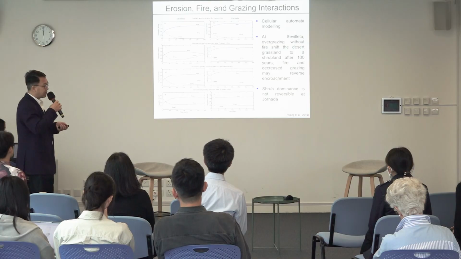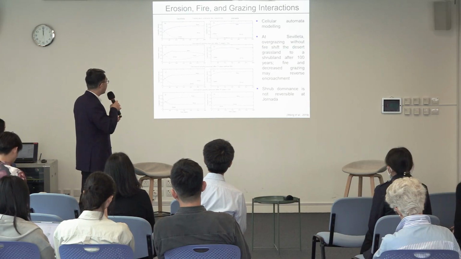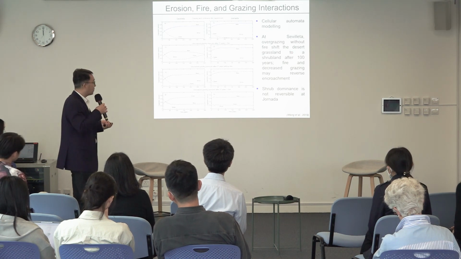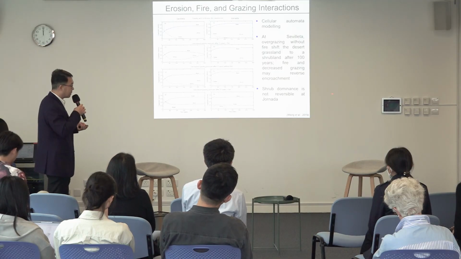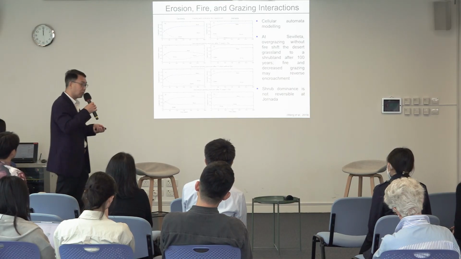The key message here is that at Sevilleta, overgrazing without fire shifts the desert grassland to shrubland after 100 years, right? And fire and decreased grazing may reverse, pay attention to that keyword I used here, may reverse the woody plant encroachment, which is really the key, which is really something that we were looking for, right?